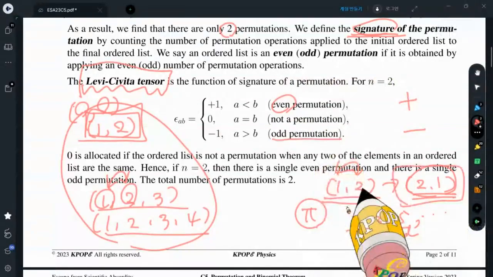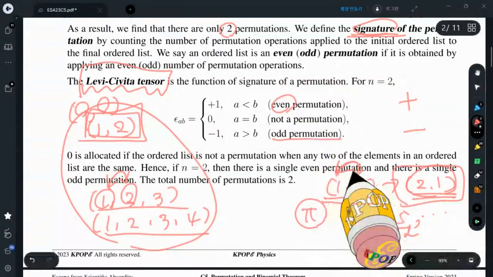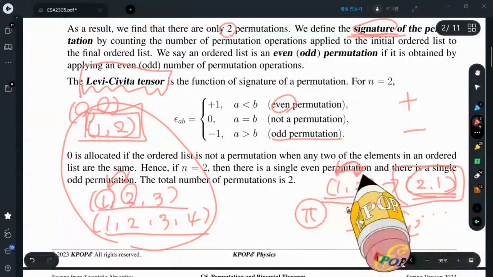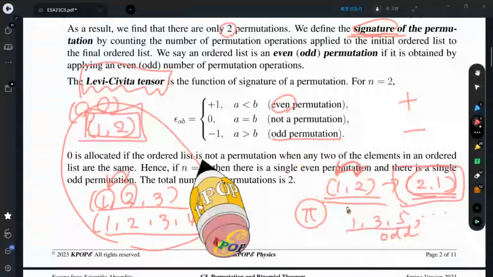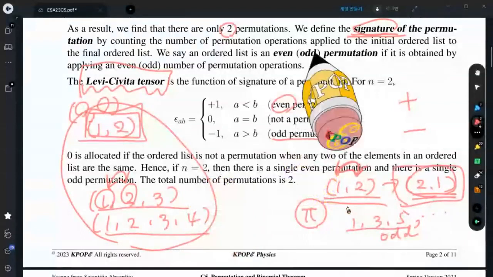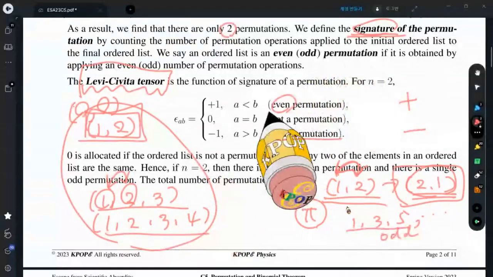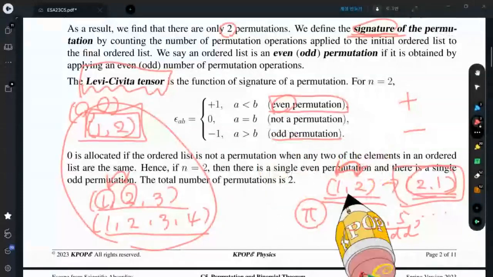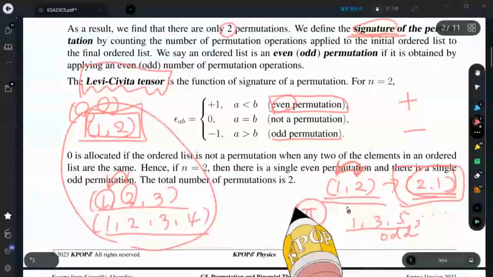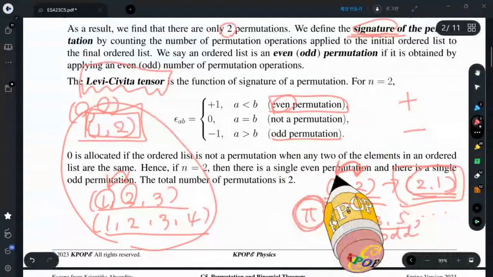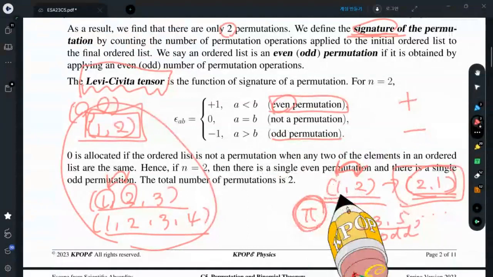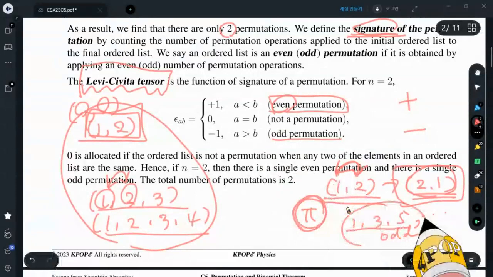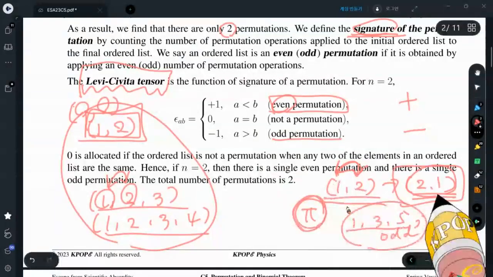For example, if I exchange 1 and 2 twice, then I apply the permutation operator twice, and what I get is an even permutation. If I apply this permutation operator for first and second once, then I would get an odd permutation.